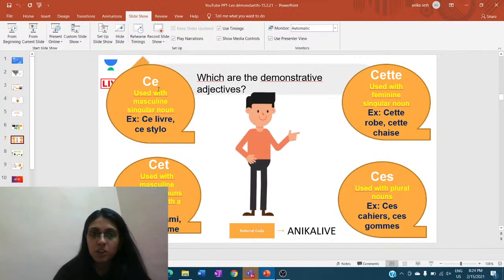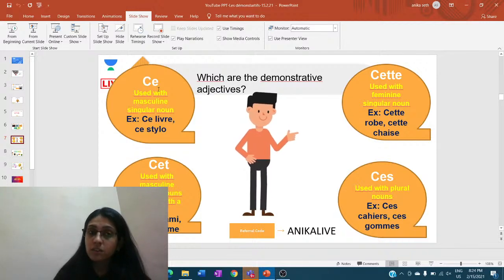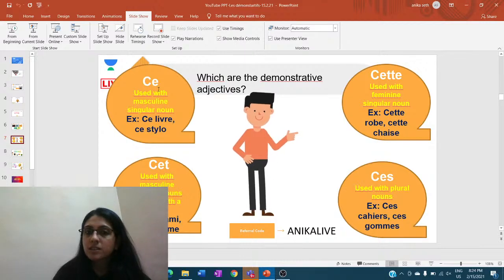Right? So, to summarize, CE is used with the masculine singular nouns starting with a consonant. CETTE is used with feminine singular nouns starting with a consonant or a vowel, both. CES is used with plural nouns, masculine plural, feminine plural, starting with a consonant or a vowel, any form of the plural noun.